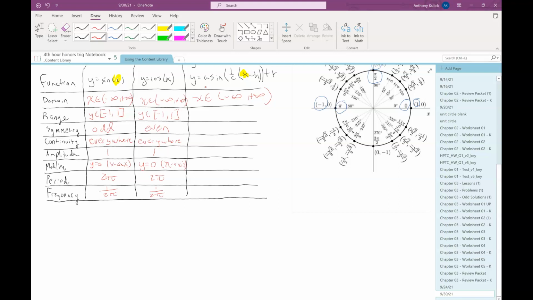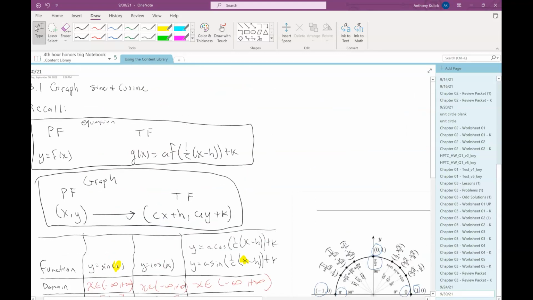So if I stretch it this way, the y-coordinate is going to change by something to do with the a, right? Is that change going to be multiplicative or additive? Multiplicative. Because remember the transformation map that we wrote before, it's a times y. And then if I shift it up or down, it's going to be additive because it's ay plus k.